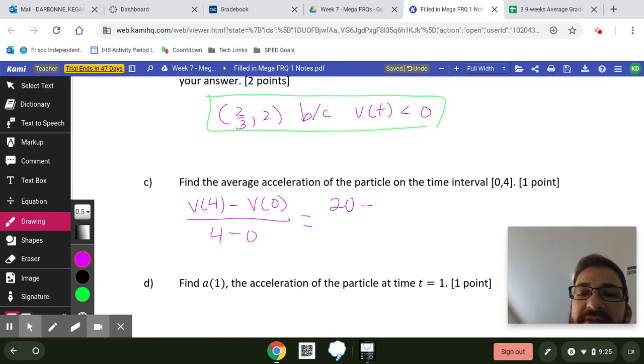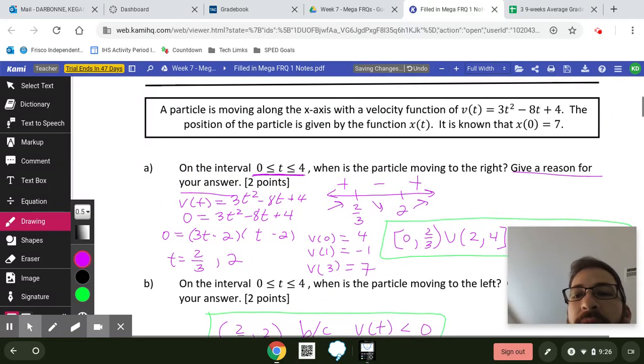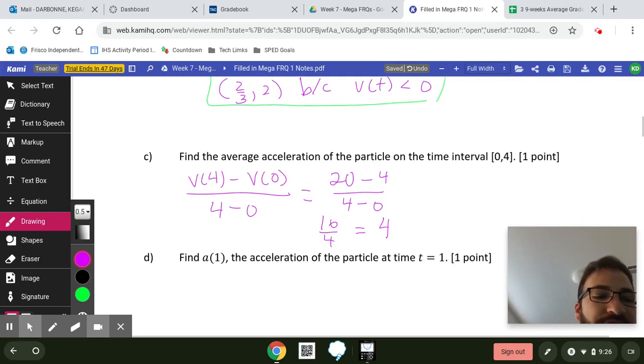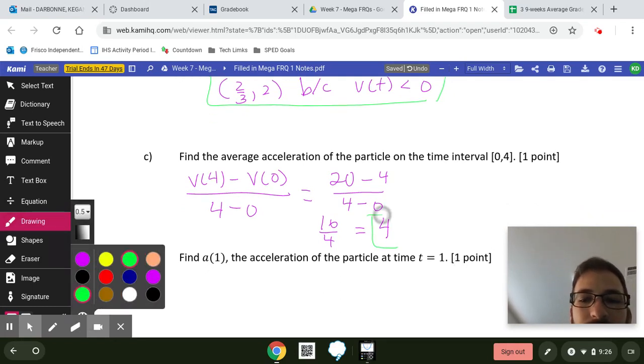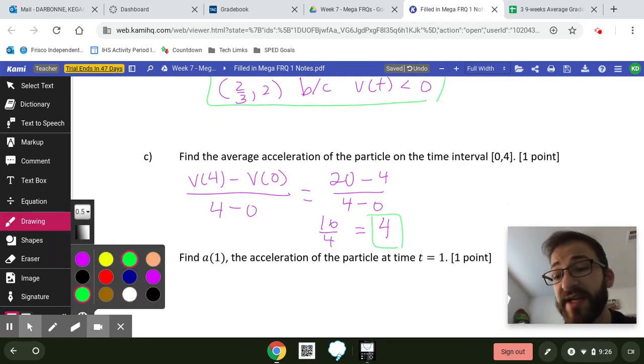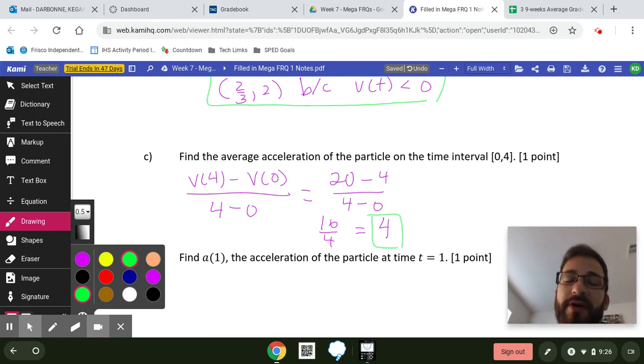So 20 minus 4 over 4 minus 0, which gives us 16 divided by 4, which is just equal to 4. And does it give us anything about units? It does not. So average acceleration is just 4. And it doesn't ask us to justify, so we don't need to justify that, even though, I mean, our justification is our work in this case.